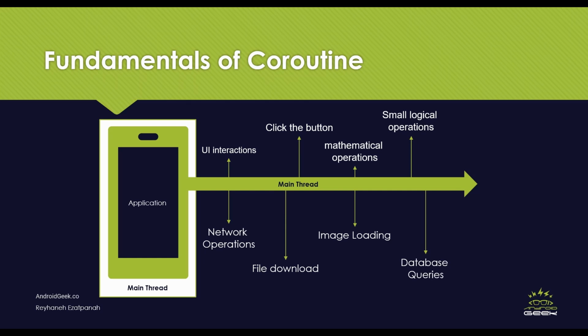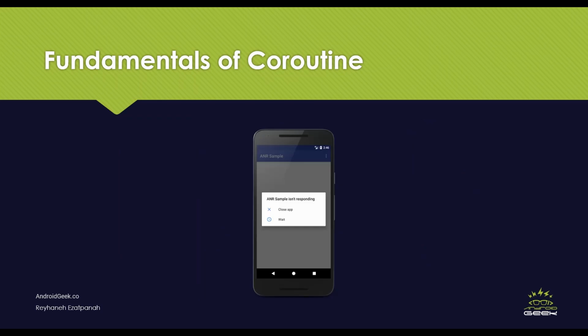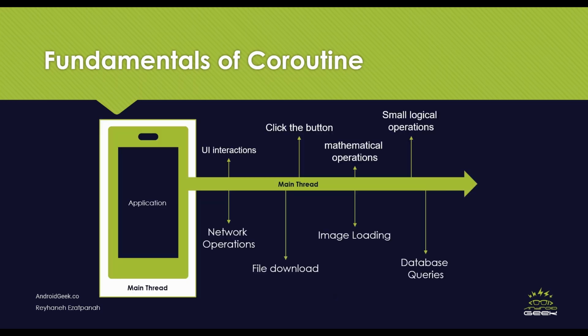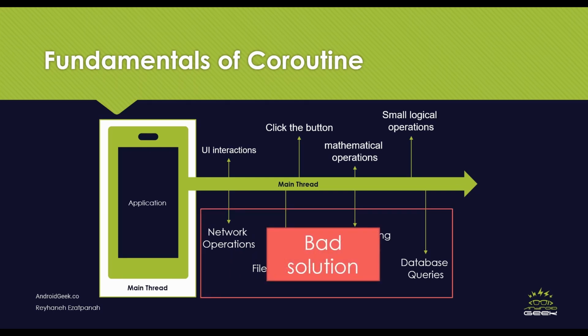Well, if you run these heavy operations on the same main thread, your main thread will be blocked, and then your application will freeze. It will hang if your main thread remains blocked for a longer time, for example, 5 seconds. Eventually, your application will shut down with a crash message. So, running such a heavy operation in the main thread is a really bad solution.